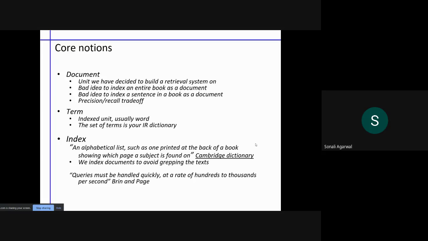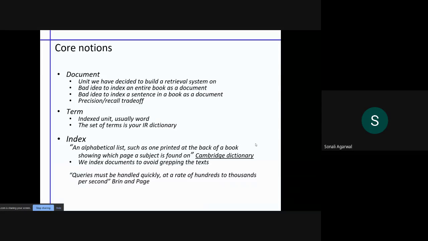And we cannot limit the document to one paragraph or one sentence. So we have to see how to maintain a clear trade-off between precision and recall while referring to the data elements in terms of a certain document.